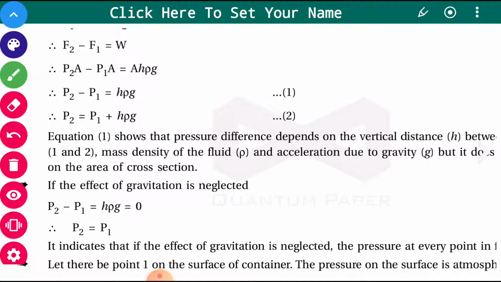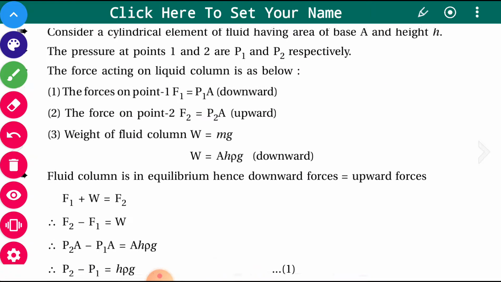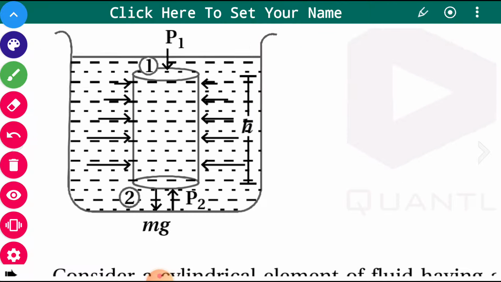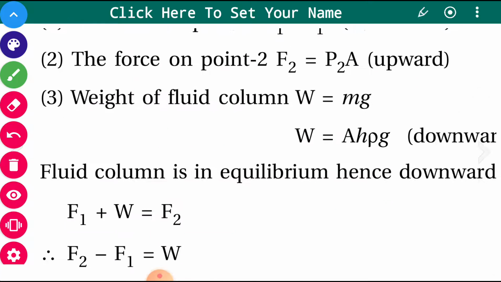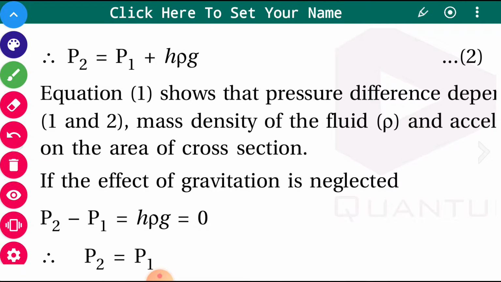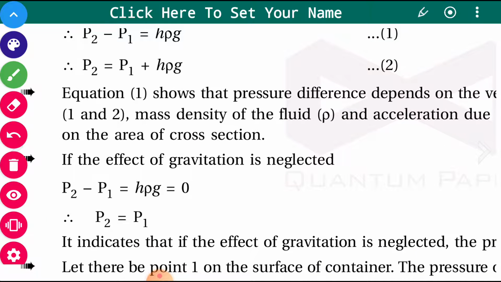Whichever area of cross section it may be, the pressure difference depends only on rho, g, and the distance between the two surfaces, or the height of the column which we have considered. So it does not depend on the area of cross section.